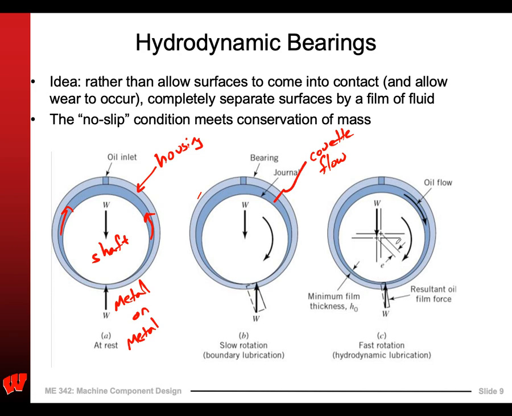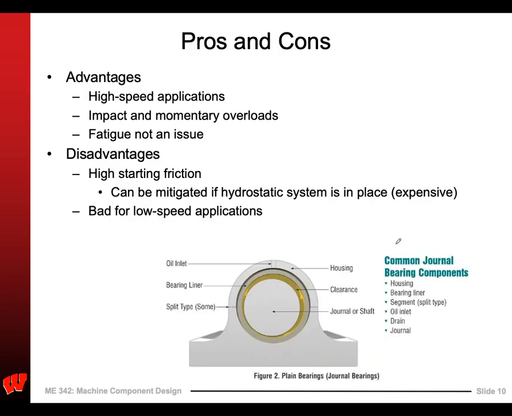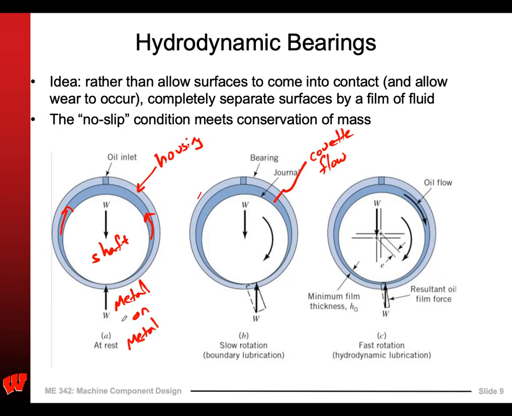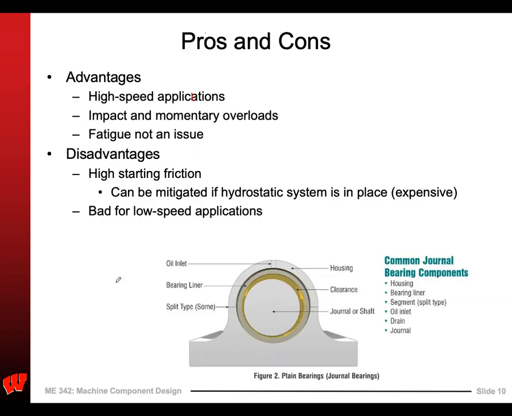I'm not sure if we did a problem like that in fluids last semester. And there's never any surface contact. It's metal on oil, so there's no long-term surface damage. The disadvantage is when we first start up, it's pretty high friction because it does start out metal on metal. There are ways to get around that using a hydrostatic system to pump oil in from the bottom, but for low speed applications, it doesn't work great.